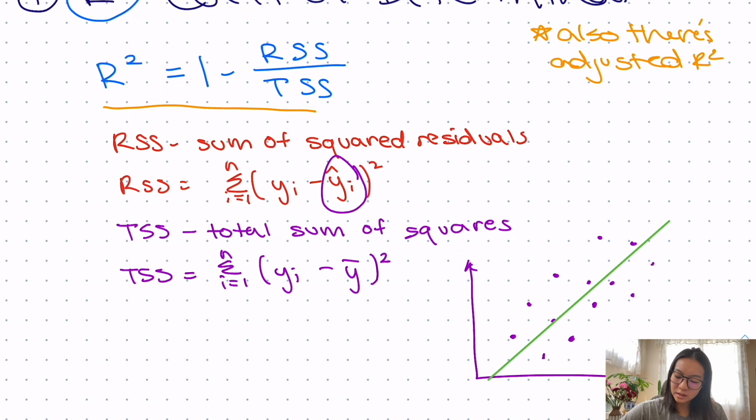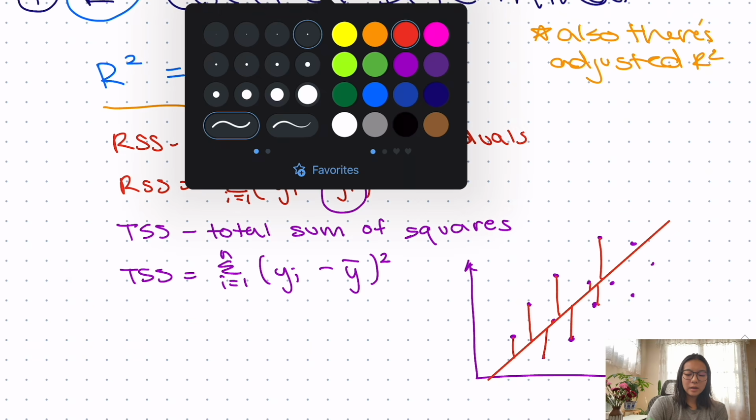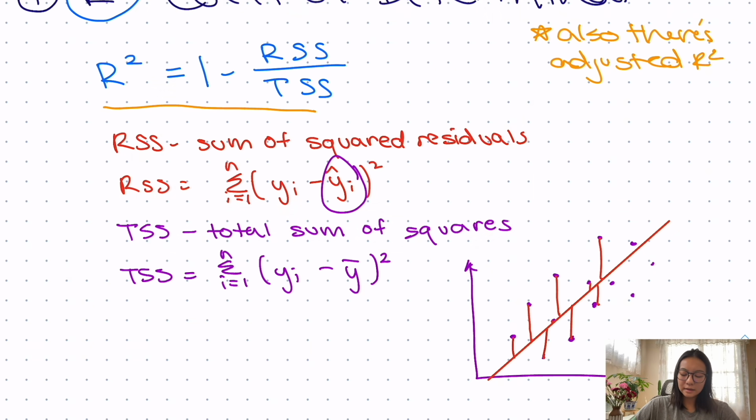If this were my predictor, RSS is giving me this measure here, right? It's giving me some estimate of how far off we are from the regressor that we predicted. Actually, I'm going to use red for that. TSS, on the other hand, is saying, okay, how far off are these values from the mean?